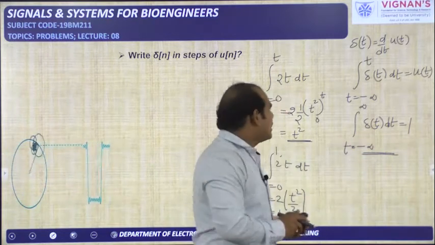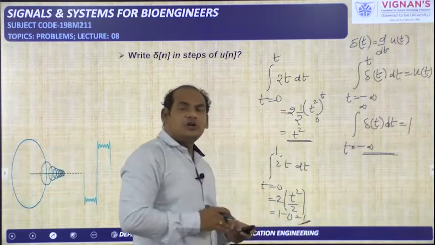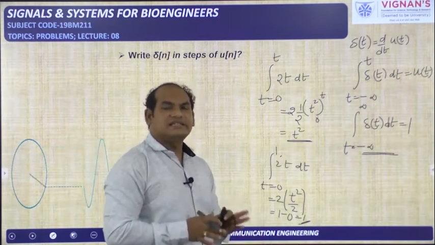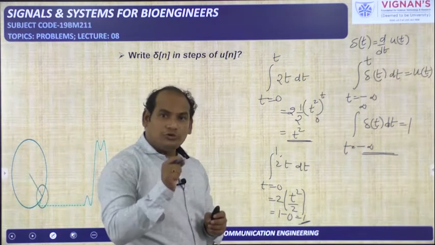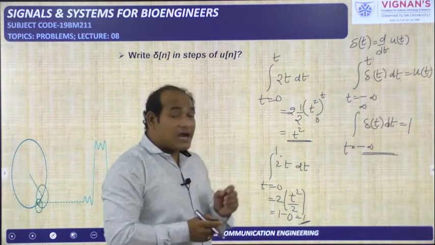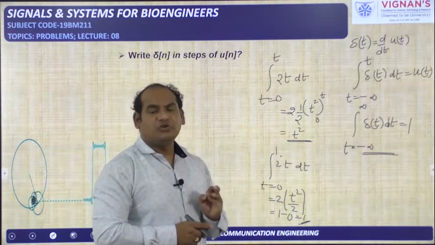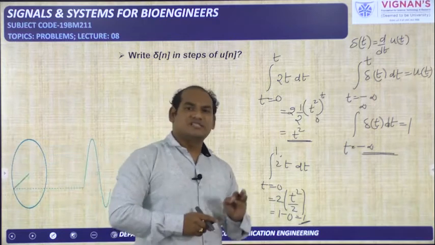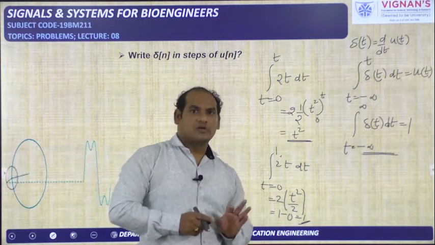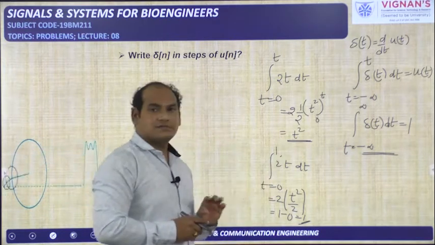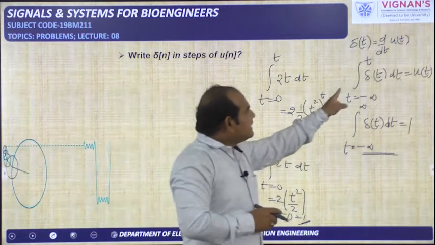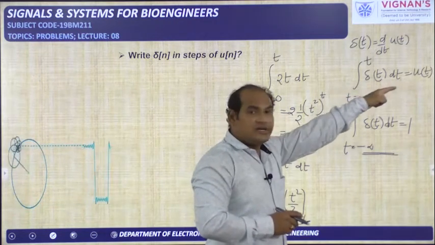Okay, so with this, what did you understand? To get more knowledge in signals and systems, you need to know what is variable and what is constant. That is the first thing. While doing the integration, you need to identify which is variable and which is constant. Next, these integrations. You see here, integral del of t dt, here I have written u of t.